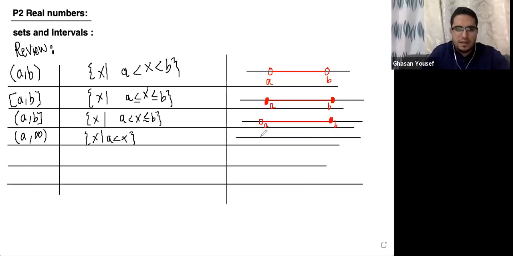It is open at A, and all values are greater than A. So I have arrows here, like this.